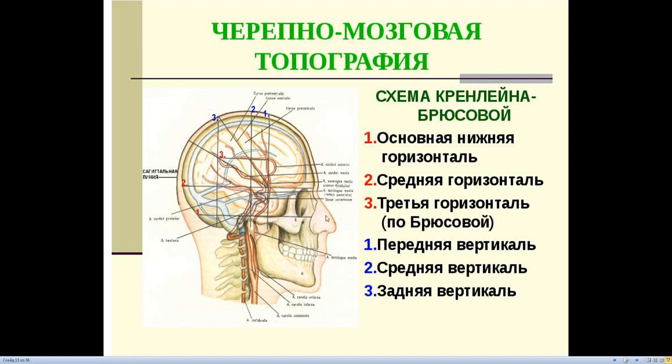The first line passes through the middle of the zygomatic arch. Second, through the temporomandibular joint. And number 3, through the inferior margin of the base of the mastoid process.